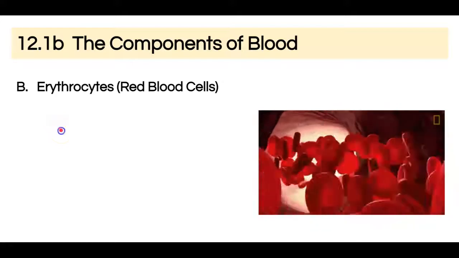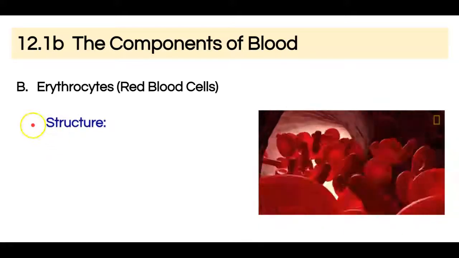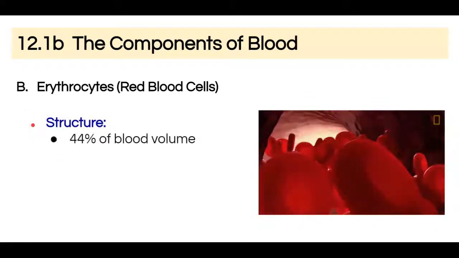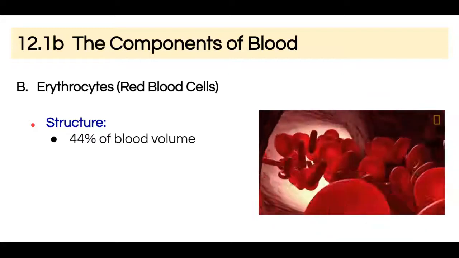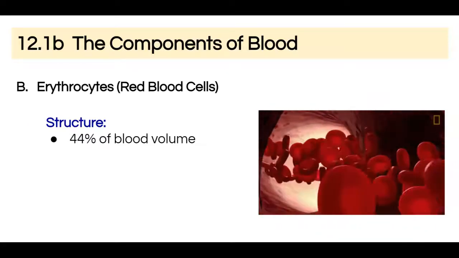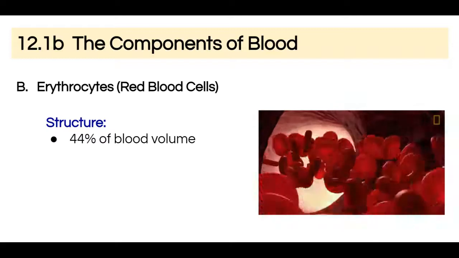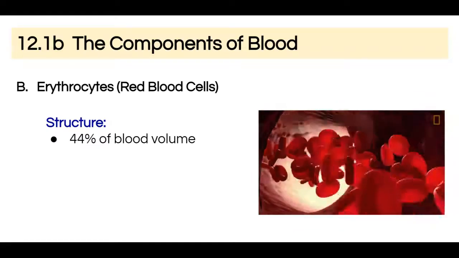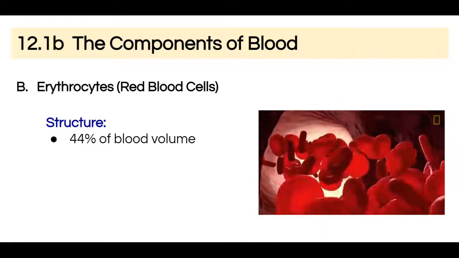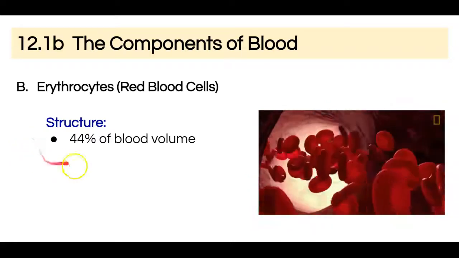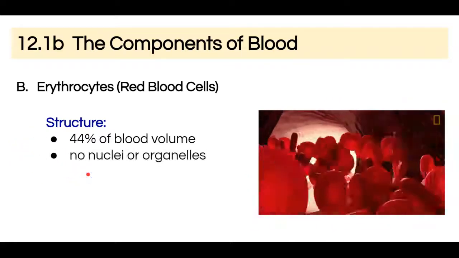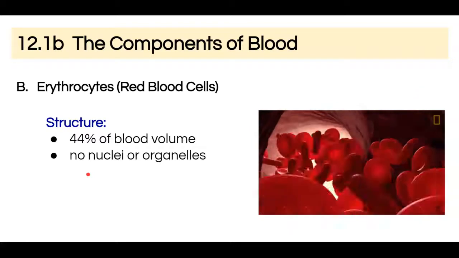So erythrocytes, what is their structure? As we've already seen, they make up about 44% of blood volume, typically speaking. Interestingly enough, they have no nuclei or organelles.